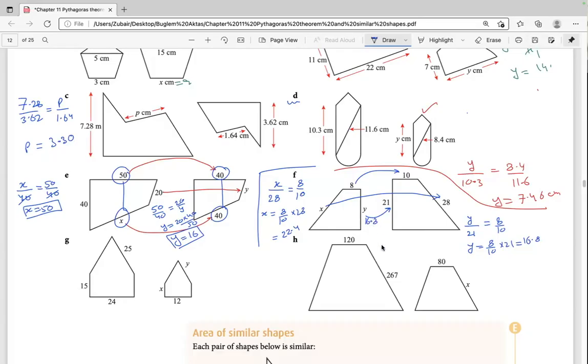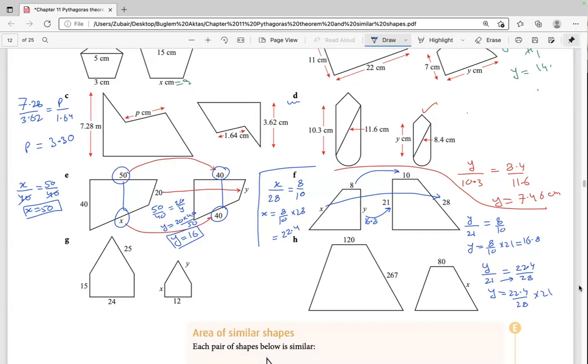Now consider one more thing. When we already know that x is 22.4, could we do y over 21 is equal to 22.4 over 28? Yes, you can. Let's see if we get the same answer. 22.4 divided by 28 into 21.